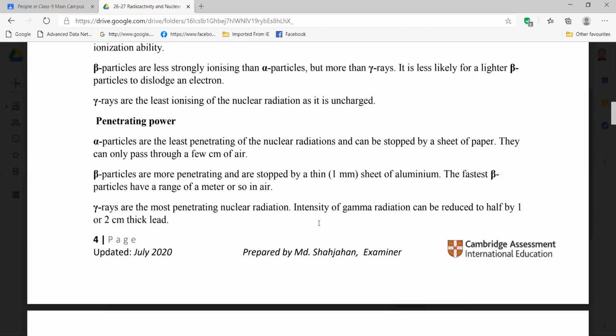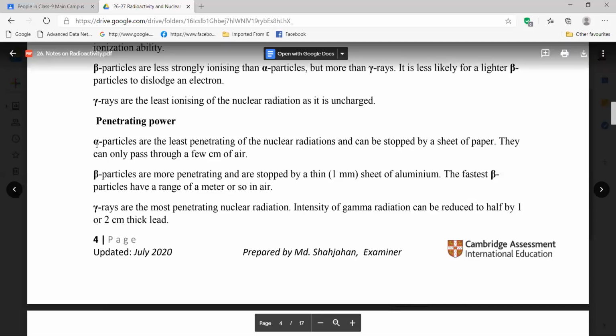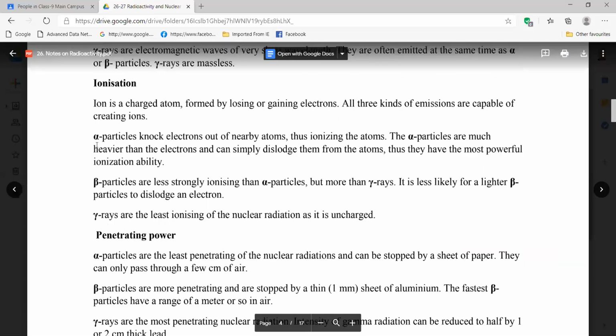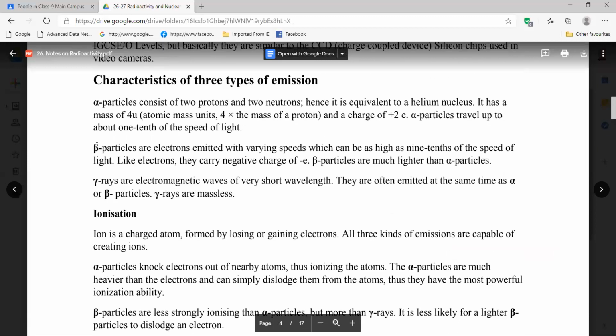Here we have another thing, that in our previous discussion we got, that at the beginning we got there is speed, right? Alpha particles travel up to about 1/10 of the speed of light.